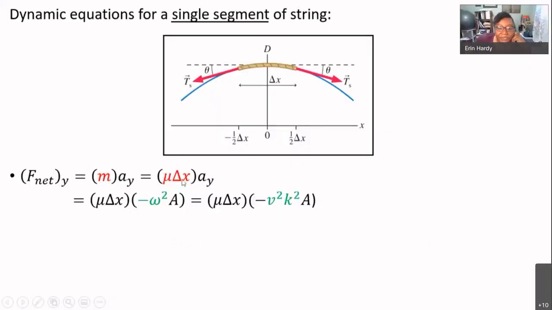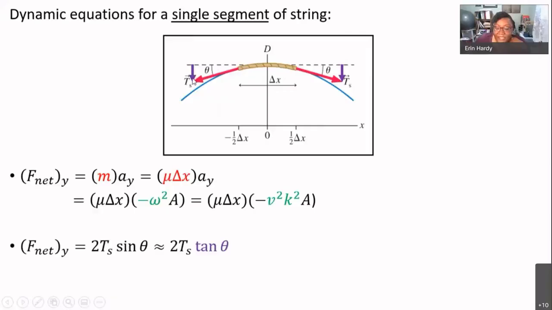If mu times delta x is equal to the mass, and we determined from the previous slide that our acceleration function is negative omega squared times A times sine of kx, and so on, I can cut out the rest because I know it's going to show up on both sides of my expression. So I'm just going to keep the negative omega squared and the A, and the sine of everything inside the parentheses is going to cancel. Negative omega squared I can write in terms of the wave speed and the wave number, because I know omega is equal to v times k.